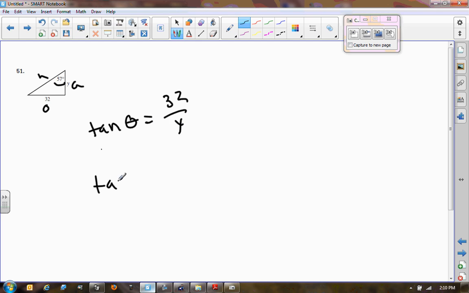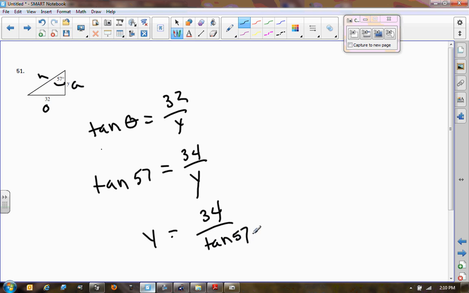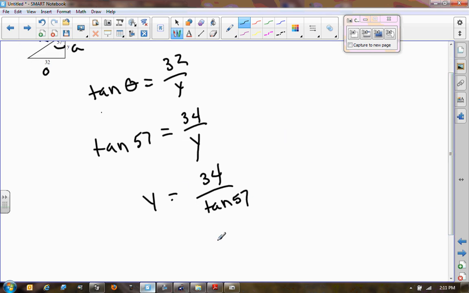So the tangent of 57, that's the angle, equals 34 over y. Again, I've got to do some flip-flopping. The y is going to move. The tangent's got to move. So y is 34 over tan 57. Throw that in your calculator, see what you get. Just throw it in the way it is and get your answer.